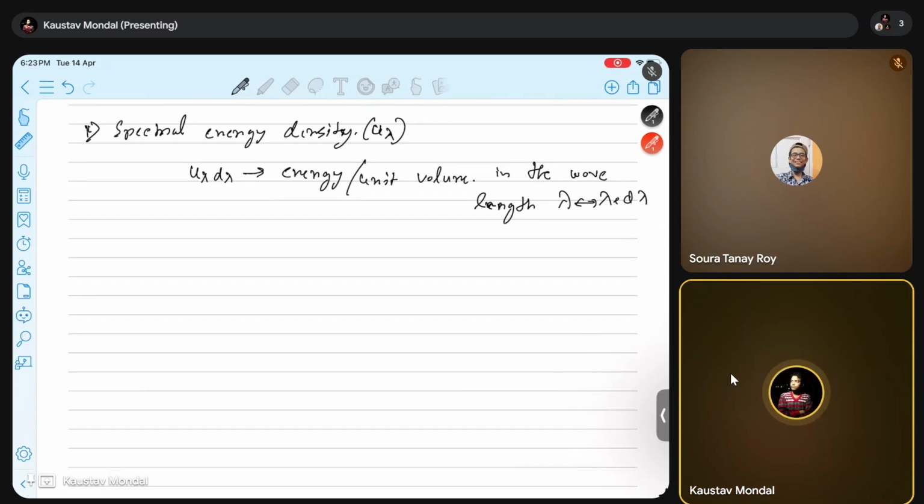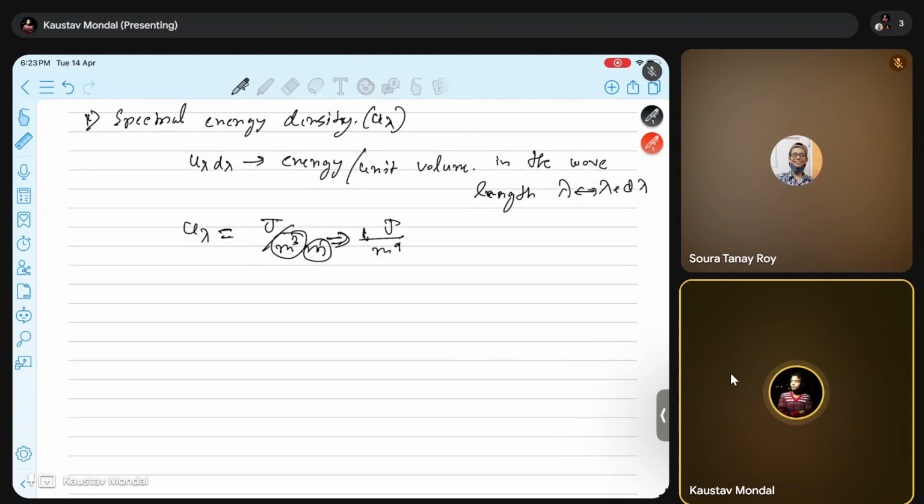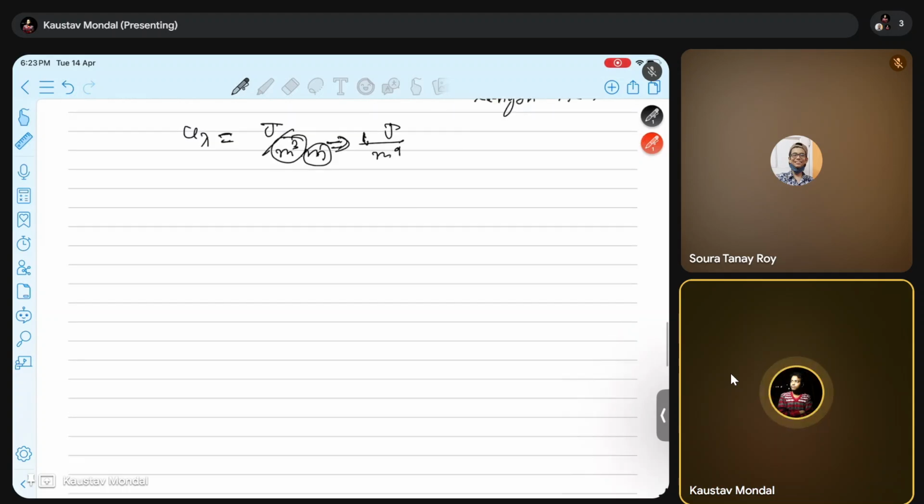It has units of joule per meter cube into meter, so joule per meter to the power 4. One meter comes from the volume, and the other meter is because it's per unit wavelength.